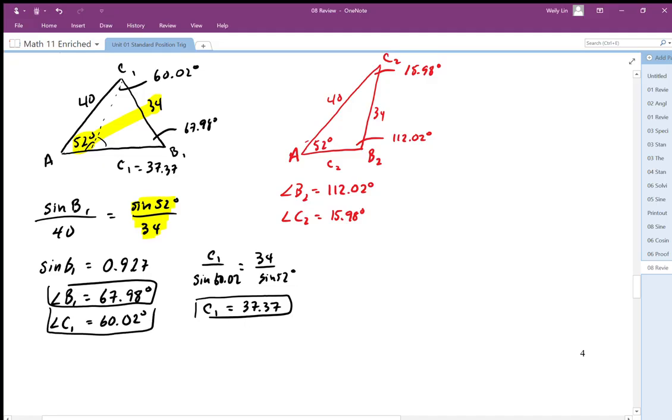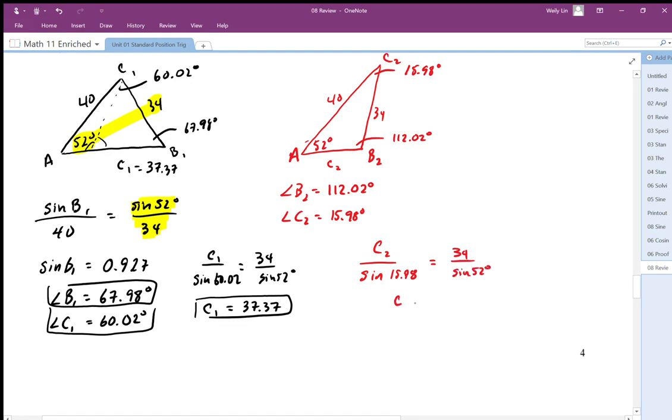Okay, I'm going to do the same thing over here. I'm going to solve for my unknown C2. Pair up this opposite angle, 15.98 degrees. Okay, and that's going to be equal to the known ratio of 34 to sine 52.